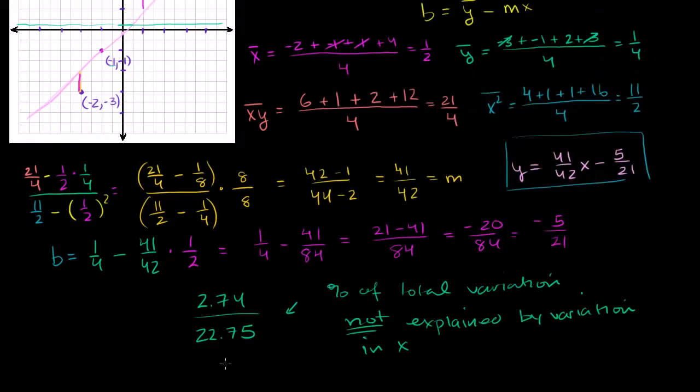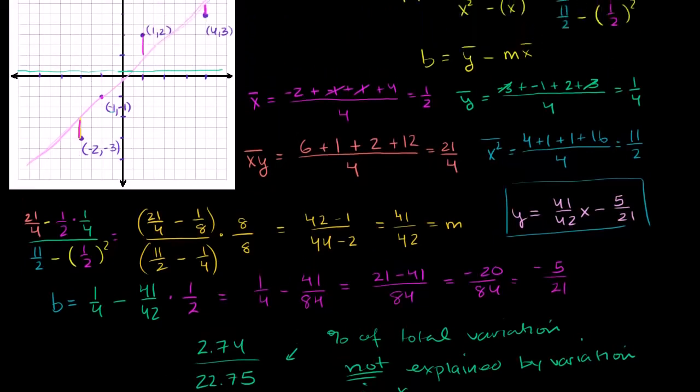So this is equal to 0.12. Or another way to think about it is 12% of the total variation is not explained by the variation in x, the total squared distance between each of the points, or their spread, their variation. So if you want the amount that is explained by the variance in x, you just subtract that from 1.